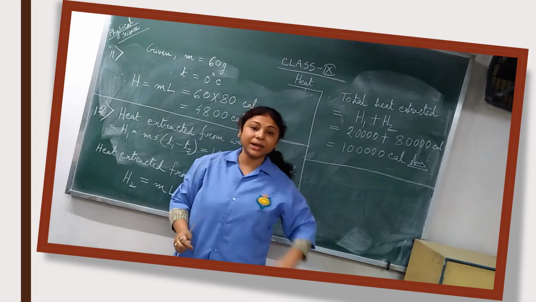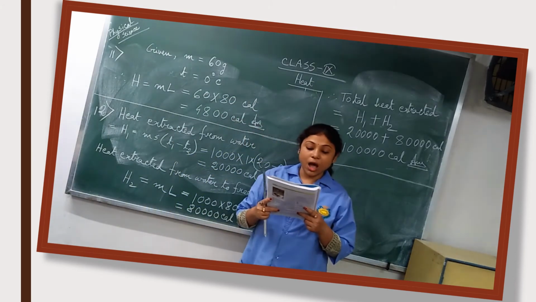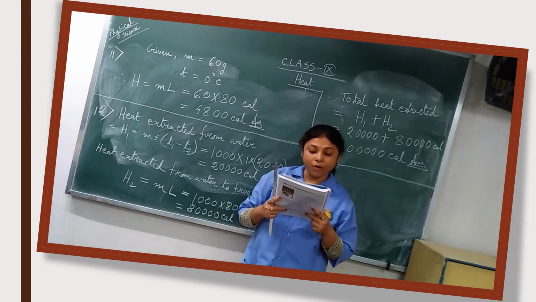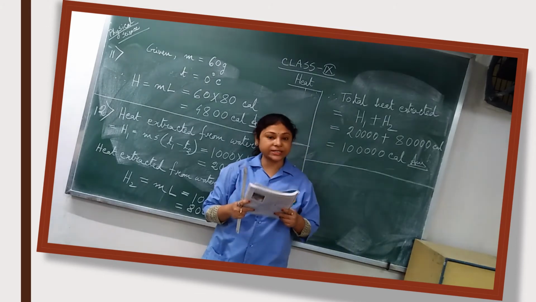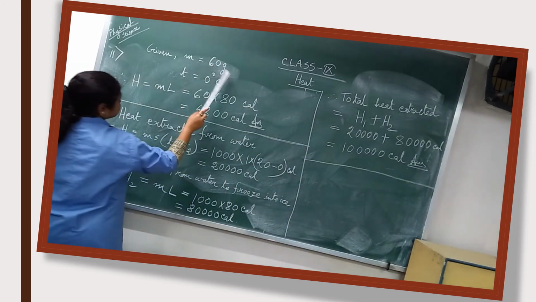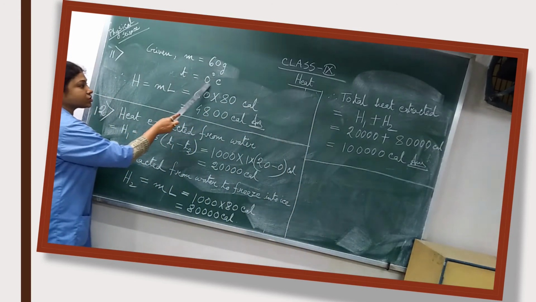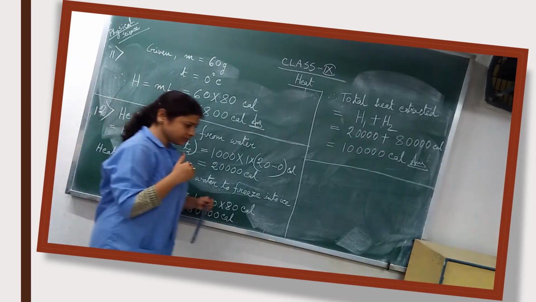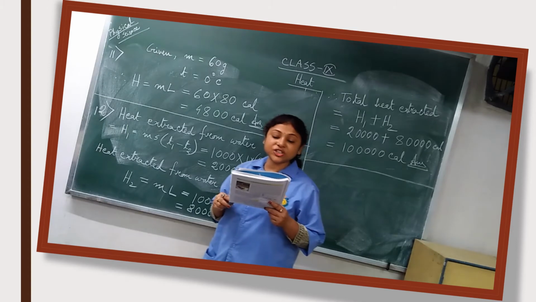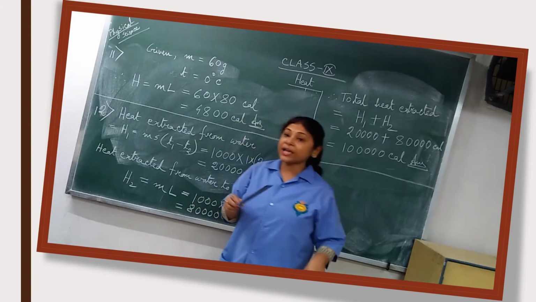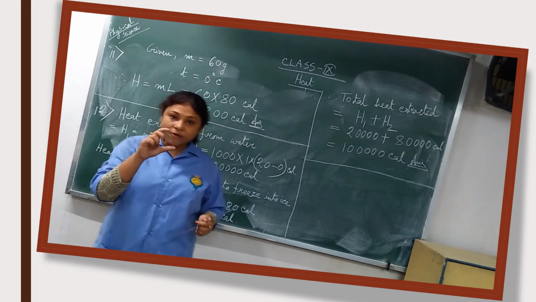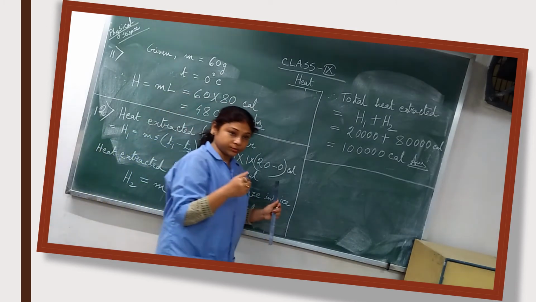Now, sum number 11. Okay. How many calories of heat are needed to melt 60 gram of ice at 0 degrees Celsius? So, given M is equal to 60 gram and T is equal to 0 degrees Celsius. In this sum, one thing you should remember is that they have mentioned ice. Ice means at 0 degrees Celsius, there is a question of latent heat that you know.